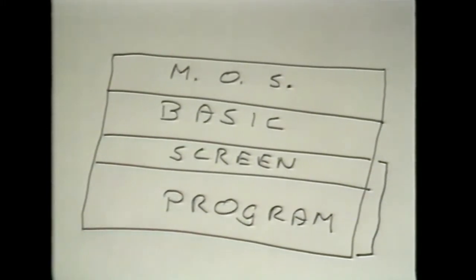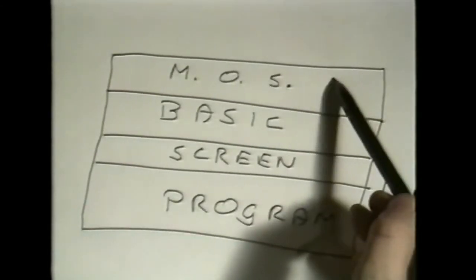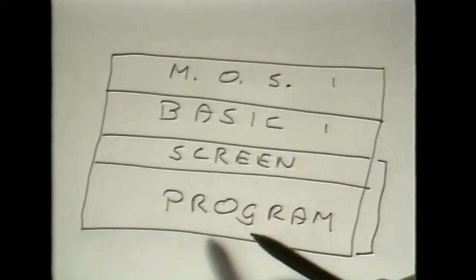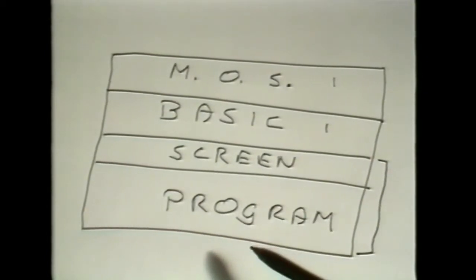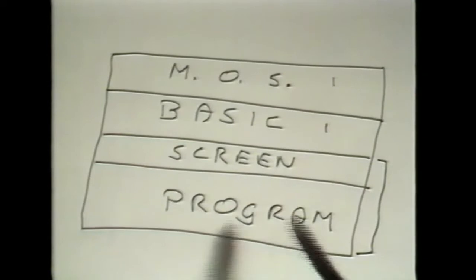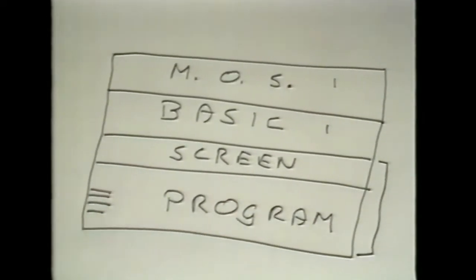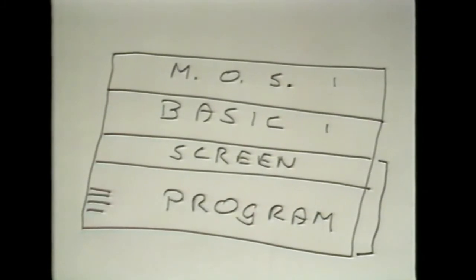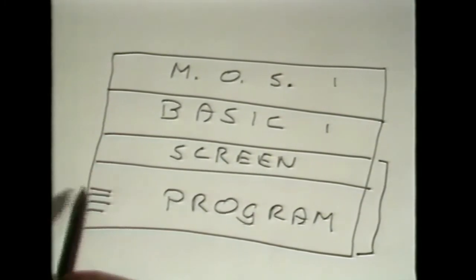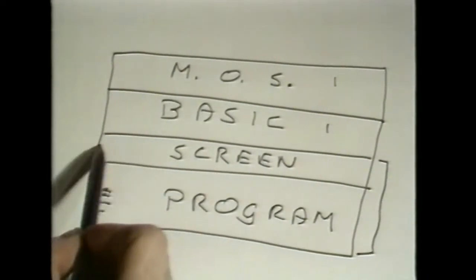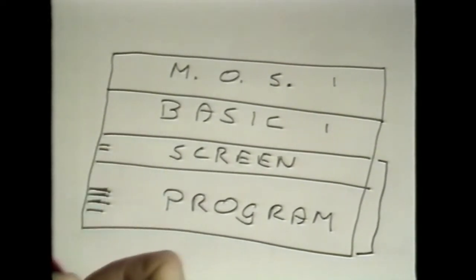Now, we don't have to be concerned too much at the moment about what's happening in the machine operating system and what's happening in the BASIC interpreter. What we're going to be doing is writing the BASIC statements to go into the program area of the memory. And those BASIC statements will, among other things, make things appear on the screen.